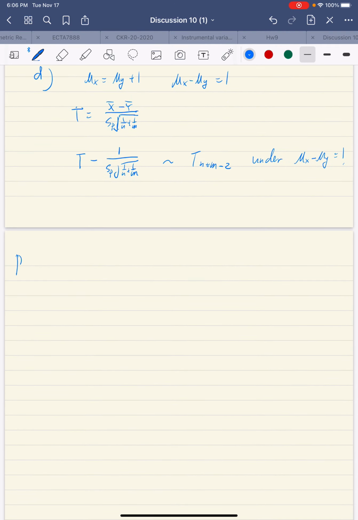So what we want to do is a little bit different. It's the same here: we want to find the probability that we reject, so it's t with n plus n minus 2 degrees of freedom at alpha, under the alternative. So we must subtract this term.